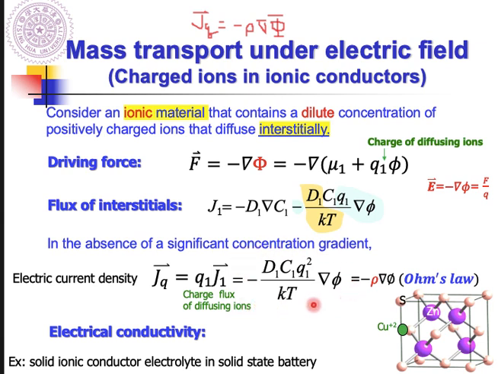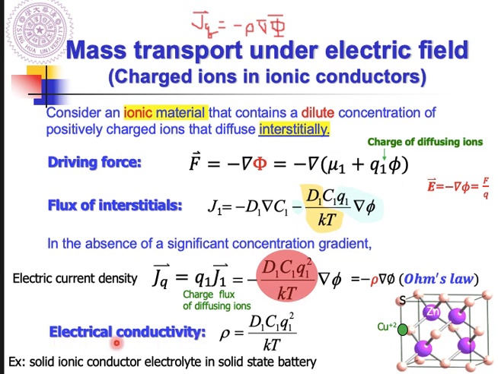So in this case, we can expand the electrical conductivity. For this doped ionic material, it is dependent on the diffusivity of this positive charge ion moving in these materials, and also the concentration of this charged ion, how much charge it carries, and also the working temperature.